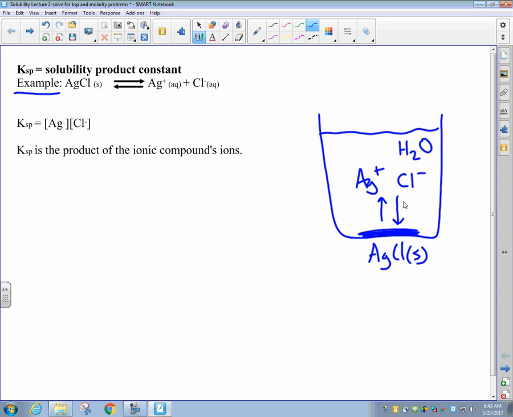Now we're going to call this K value something different. Up till now, all you've looked at are KEQs. We're now going to start to call this one KSP, the SP standing for solubility product. So we end up with a K expression. KSP is Ag+ times Cl- in this specific example.